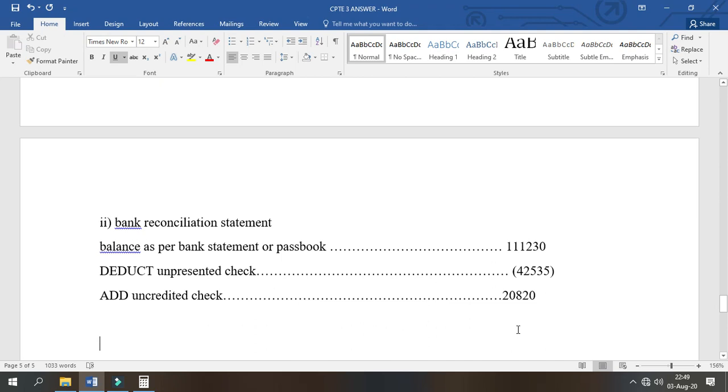So the balance as per cash book is 89,515.